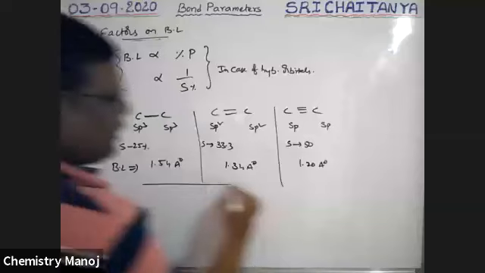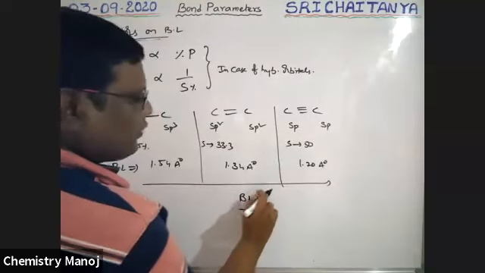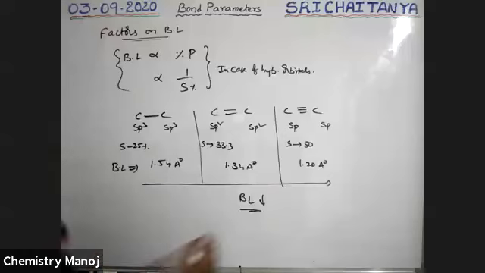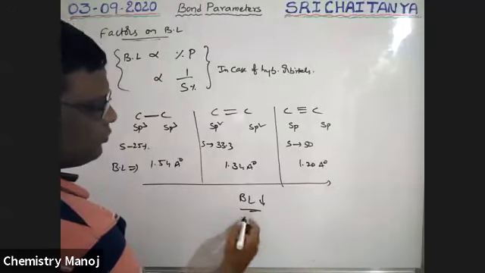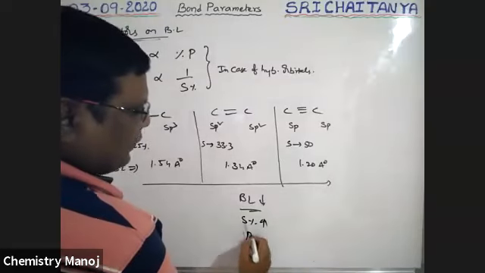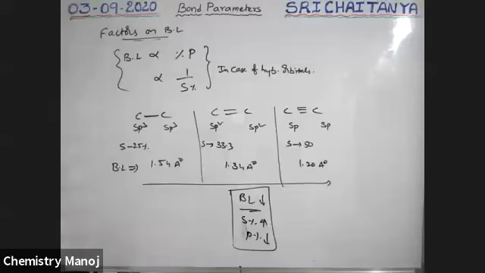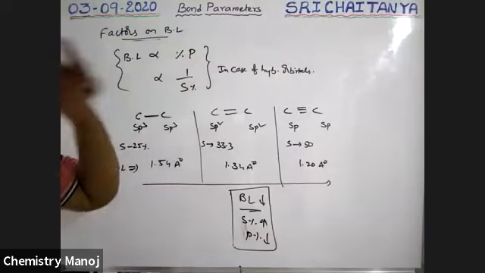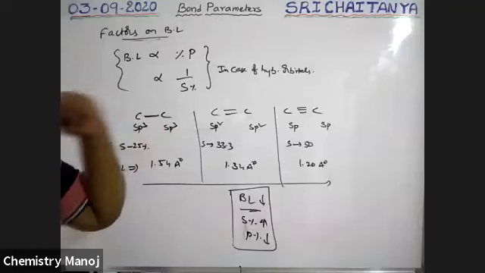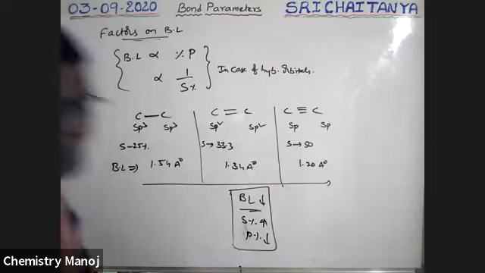That means from left to right, bond length decreases, as s percentage increases and p percentage decreases. That is why this is the best example for that. Therefore, bond length is directly proportional to p percentage and inversely proportional to s percentage. It is another factor that influences bond length.